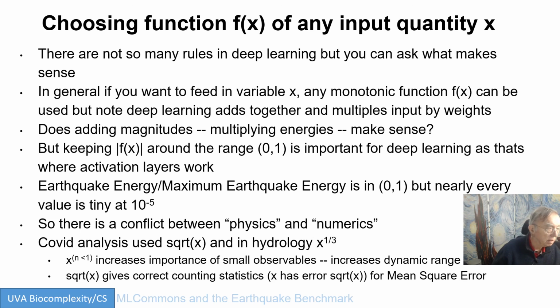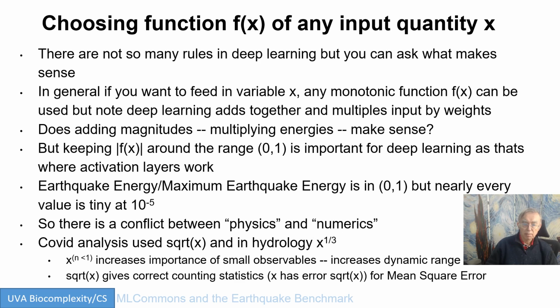Here's a little comment on the general theory of doing this. If you have an input quantity x in deep learning or any such analysis, as this is empirical and data-driven, the theory would tell you energy, because that's physics. Physics is energy. I don't think Mother Nature screws around with the log of energy so much. But we're doing mathematics here, and mathematics may not like the physics. So in general we can choose a different function than the natural function.